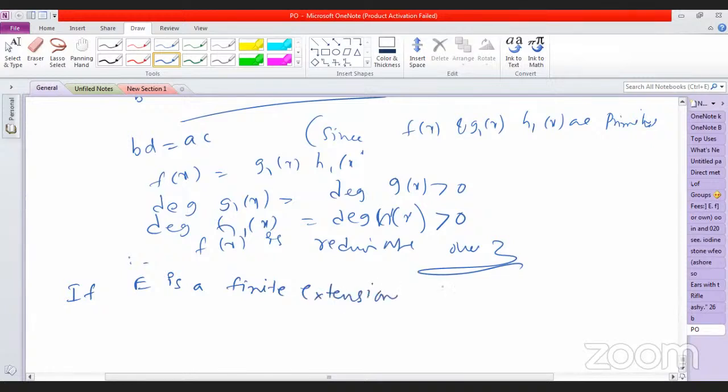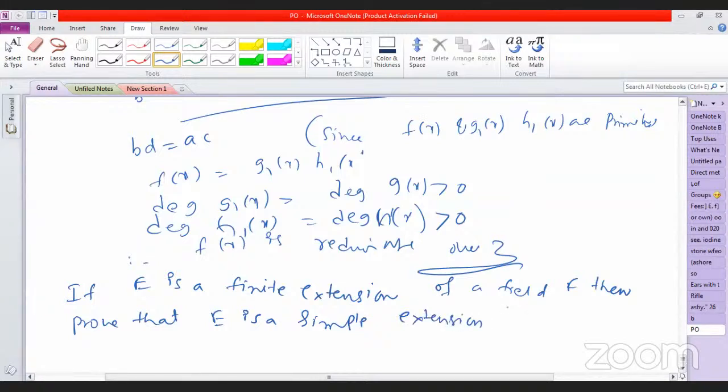If E is a finite extension of a field F, prove that E is a simple extension if there are only a finite number of intermediate fields.